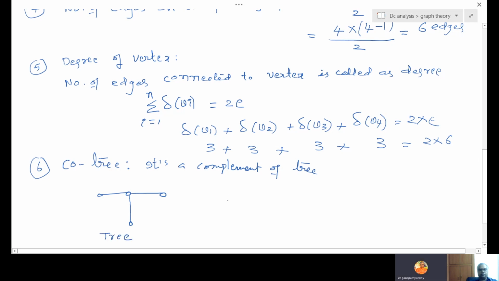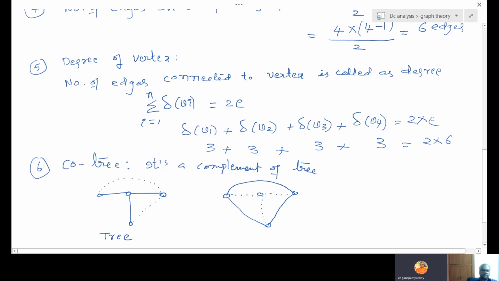What is complement of tree? This is the complement of tree. Here, this dotted line becomes dark line, and all dark lines become dotted lines. One's complement is 0, zero's complement is 1.